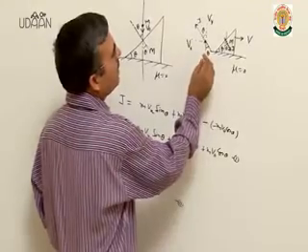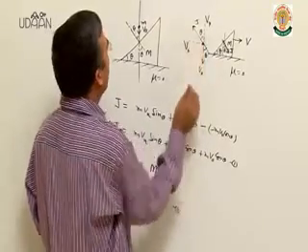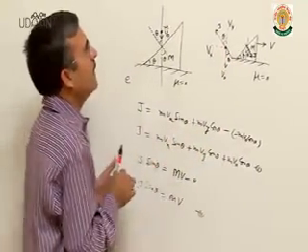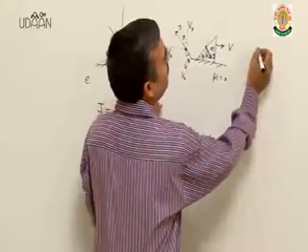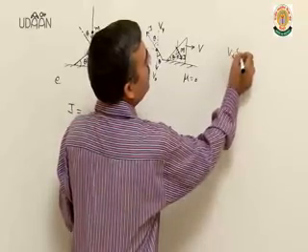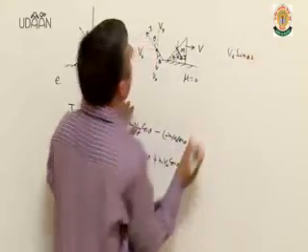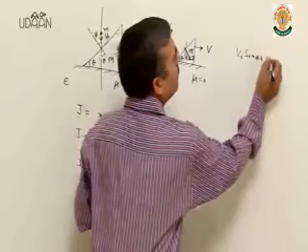Let us calculate the velocity of the ball after the impact along the normal. So velocity of separation will be vx sin theta plus vy cos theta.